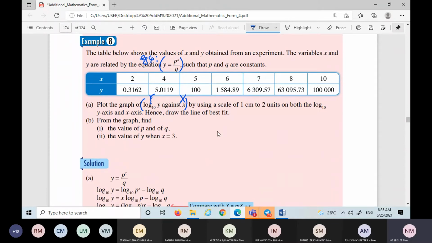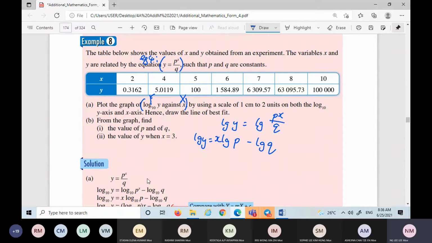So when you do log both sides, because it's divide, you break it into 2, so you have a minus, and then the power is brought in front.